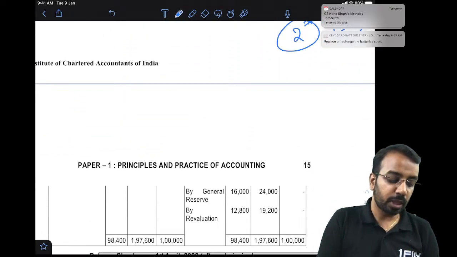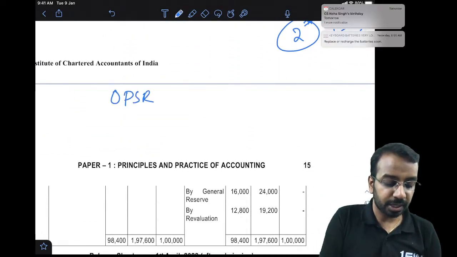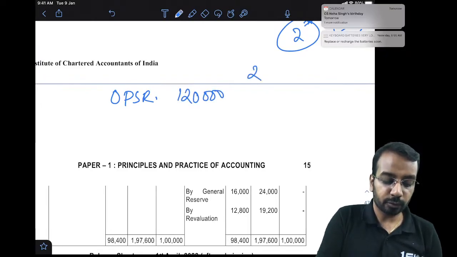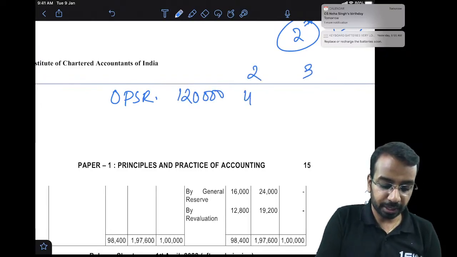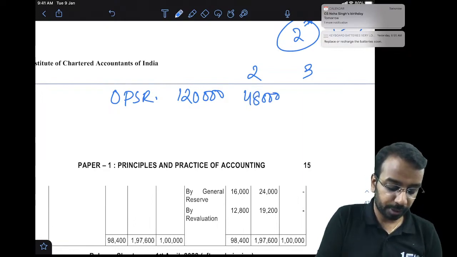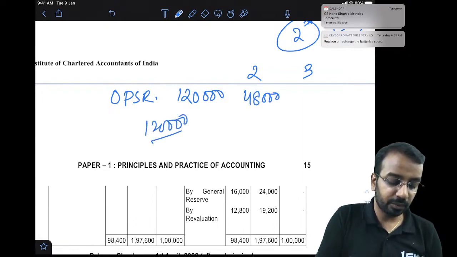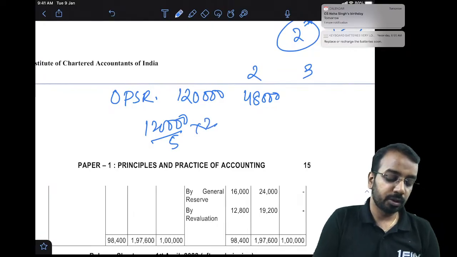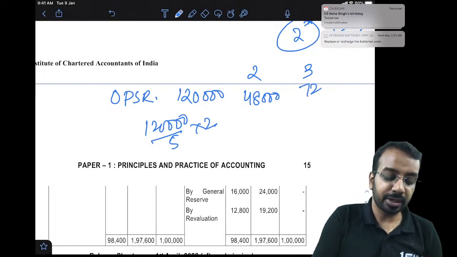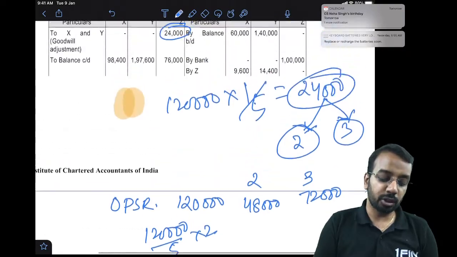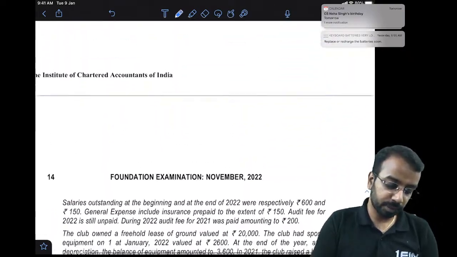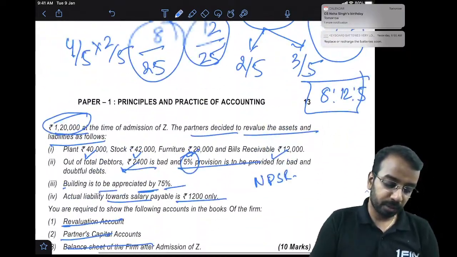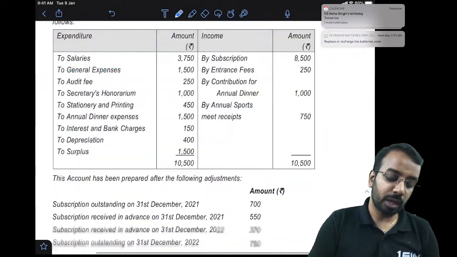Now if you don't want to do that, you can take the old profit sharing ratio and the full goodwill of 1,20,000 in the ratio of 2:3. So 1,20,000 divided by 5 into 2 gives 48,000, and 72,000. And write off in the new profit sharing ratio, which we have calculated as 8, 12 and 5 out of 25.